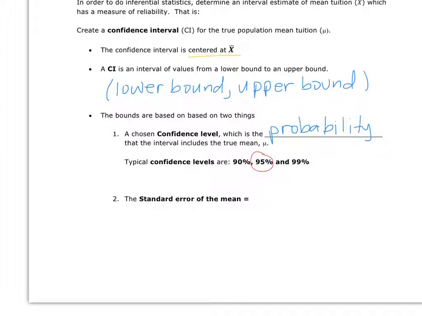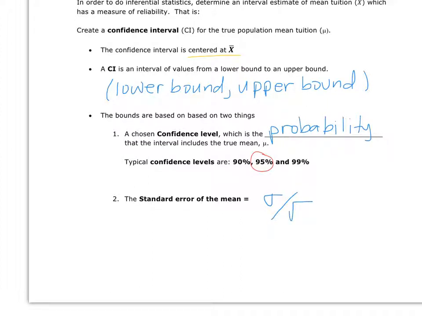Now, the other thing it is dependent on is the standard error of the mean. If you remember from the central limit theorem chapter, that standard error of the mean is basically the standard deviation of x bar.